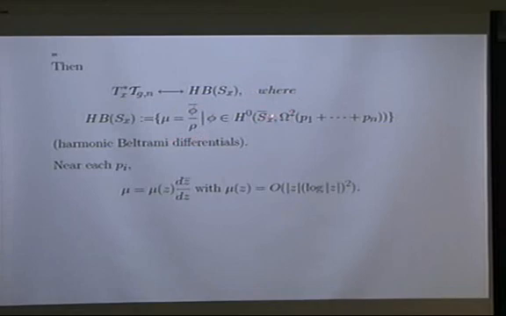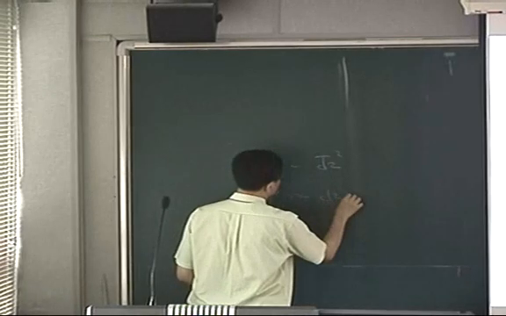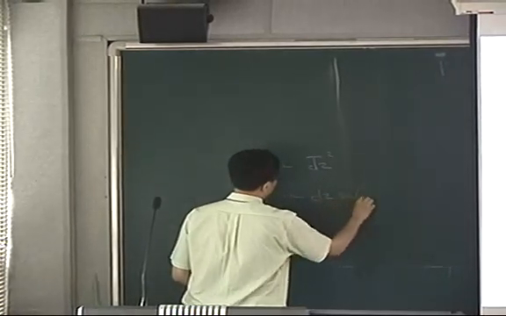So let me see. Phi bar is like dz bar squared, and rho is like dz tensor dz bar.